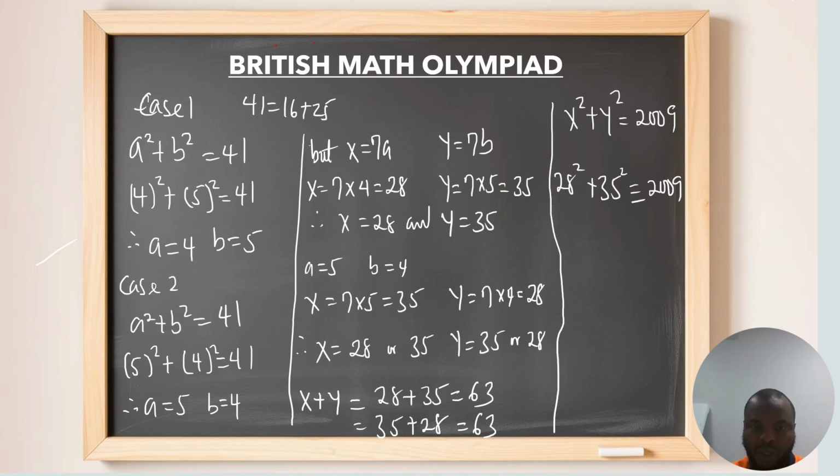So x can be 28 or 35, and y can also be 35 or 28. Either case, you're going to have the same thing. This is for case 1, whereby x is 28 and y is 35. And if you twist it, where x is 35 squared and y is 28 squared, you're still going to get the same thing.